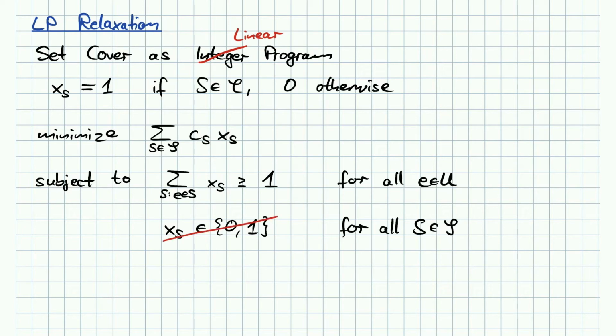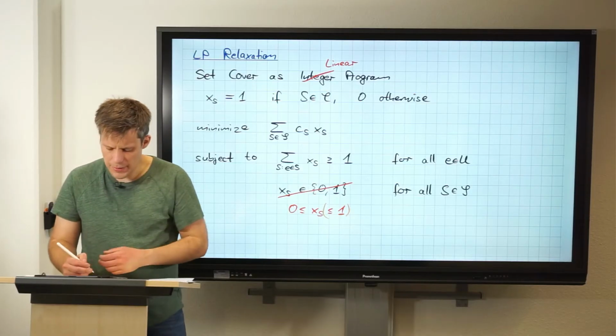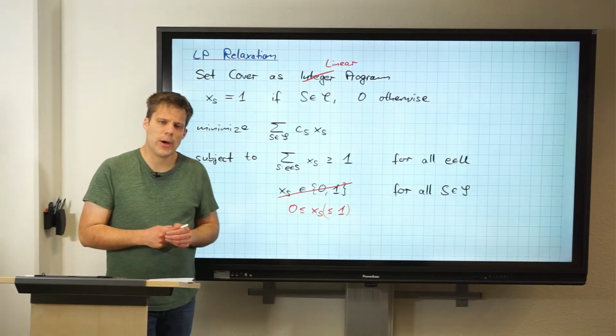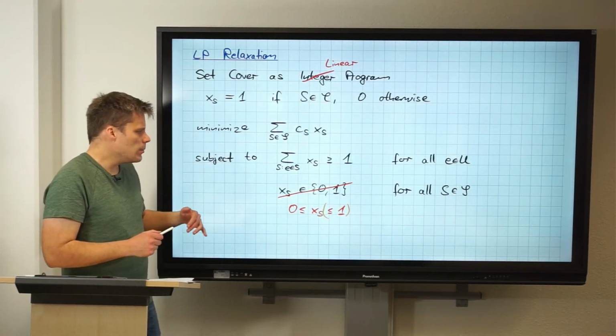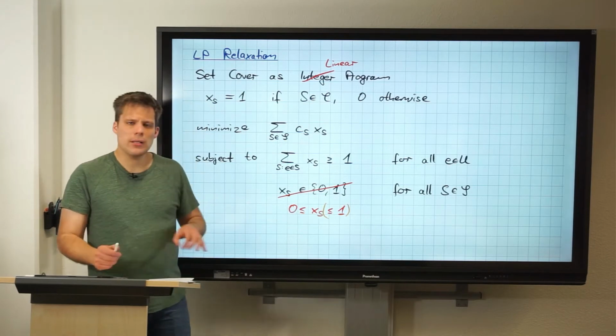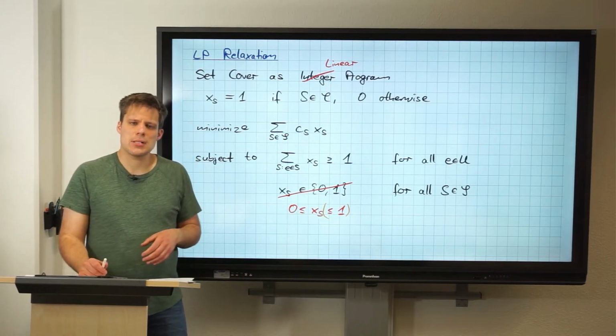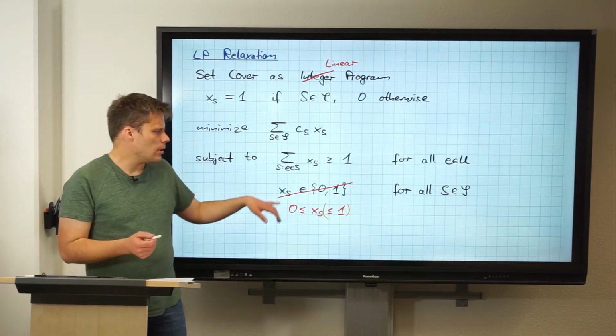As a matter of fact, this second part here, that XS is at most 1, is not really crucial. This is why we'll leave this out. Why? Because any value of any XS which is strictly greater than 1 doesn't help anybody at all.